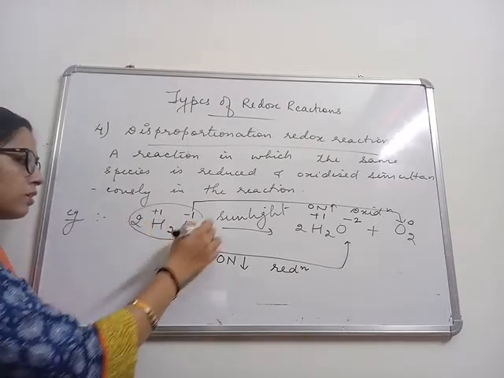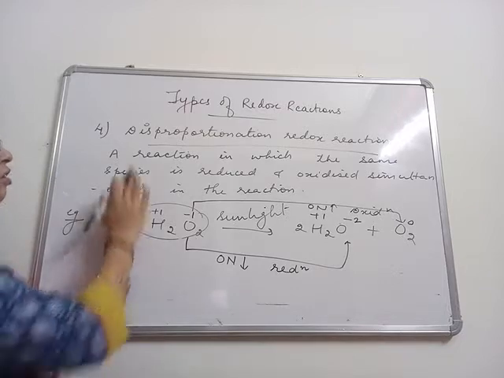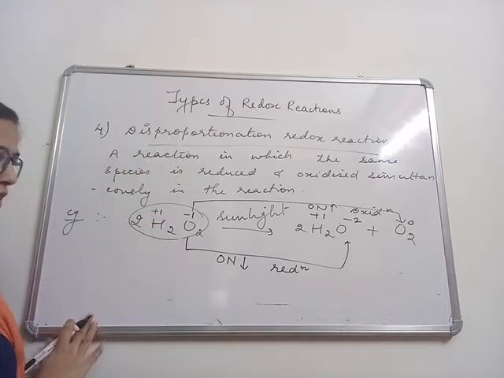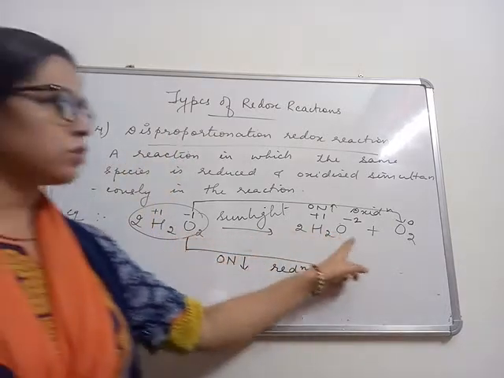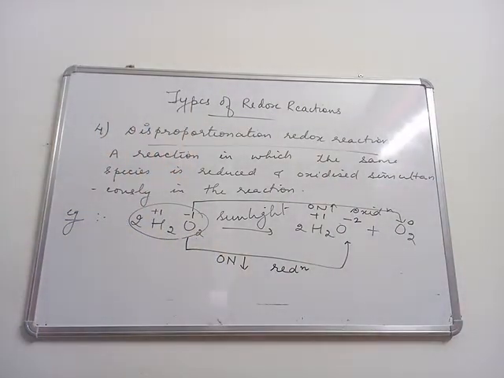So H2O2 itself is undergoing reduction and oxidation simultaneously, so it is called a disproportionation reaction. And O is in -1, -2 and 0, three different oxidation states. So this is a type of disproportionation redox reaction.